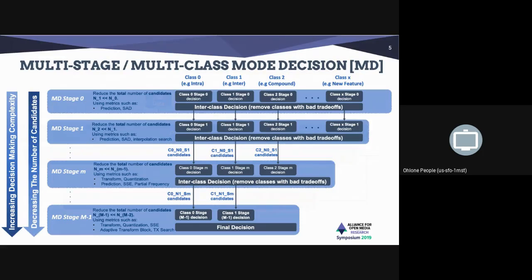Similarly, SVT uses multi-stage and multi-class mode decision, where the complexity of each stage is reduced as you go from one to another, and the number of candidates is also reduced by a big factor from one mode decision to another.